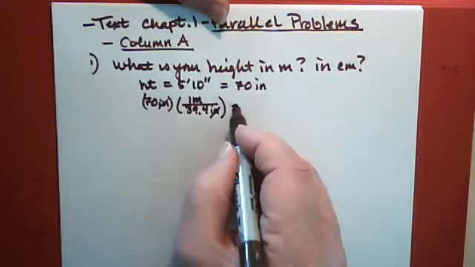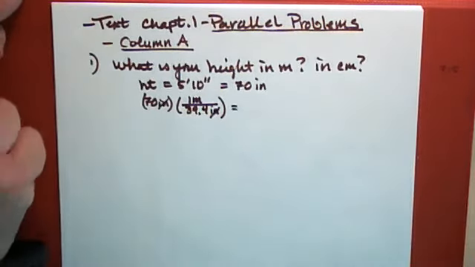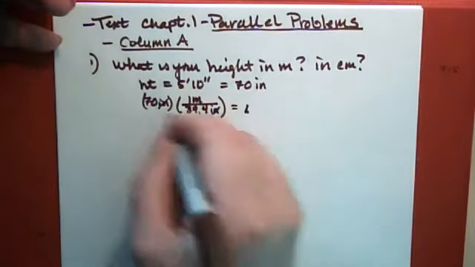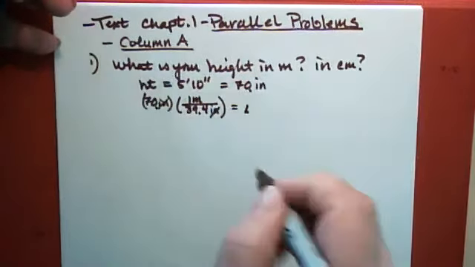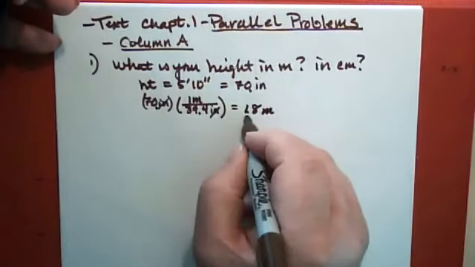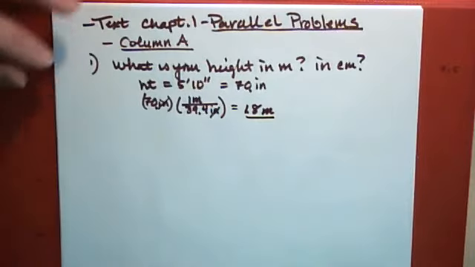And you want meters on top because that's the unit we want to end up with. And so when you take 70 divided by 39.4, you get 1 point, okay, I'm going to put a decimal there so we can at least make it 1.8 meters. Okay, so that's two significant figures.